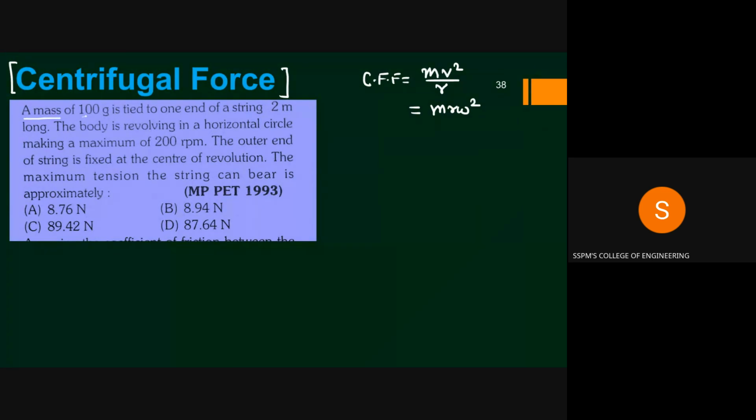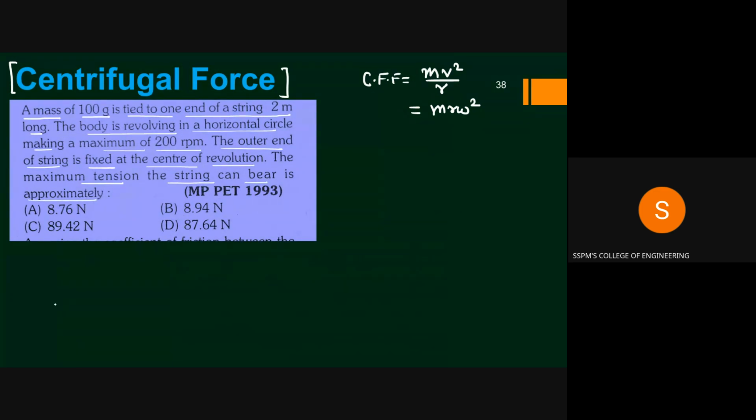A mass of 100 gram is tied to one end of a string which is 2 meter long. The body is revolving in a horizontal circle, making a maximum of 200 rpm. The outer end of the string is fixed at the center of the revolution. The maximum tension the string can bear is approximately.